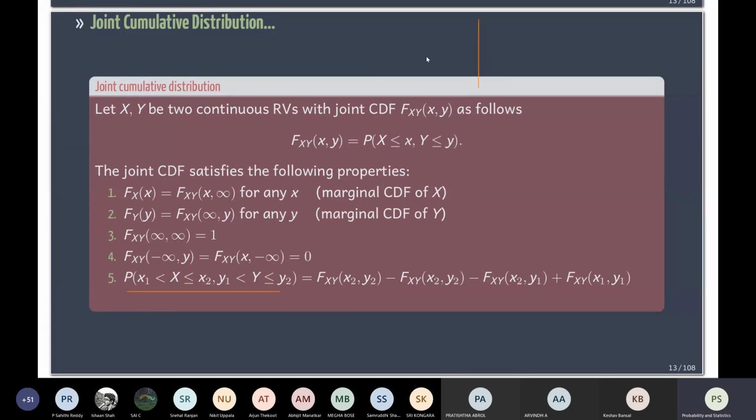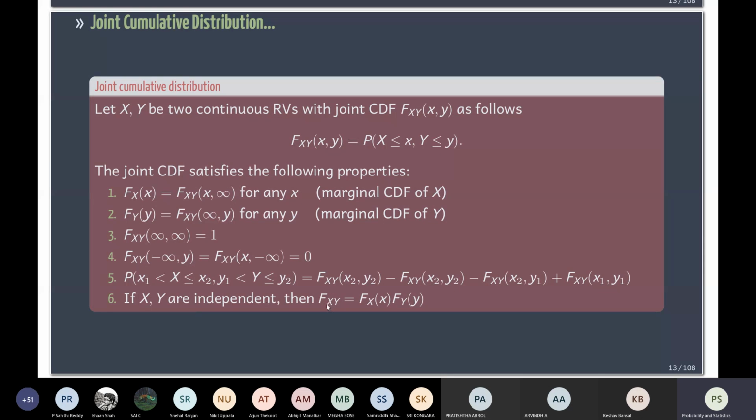So what is the probability of computing in a rectangle? This rectangle is given by, let us say, x1 and x2, and we are given y1 and y2. So this range of x1 to x2, y1 to y2 will boil down to this region. So in the continuous case also you can use the same formula like we did in this case. The proof also goes in the same way.